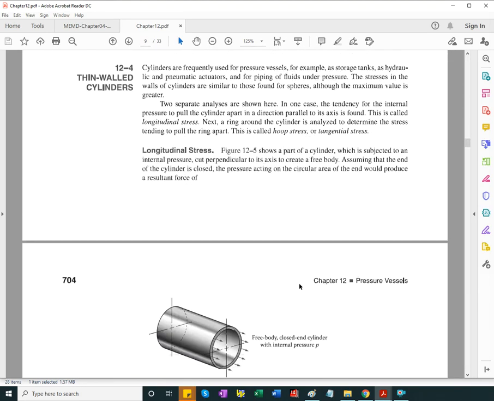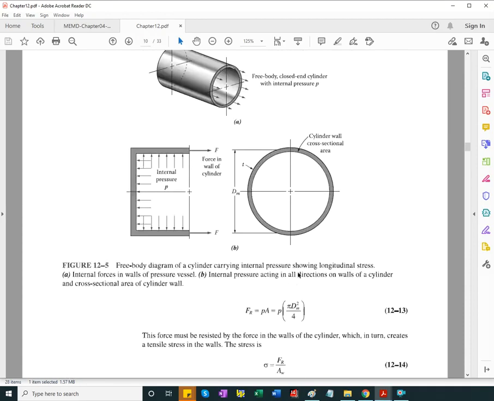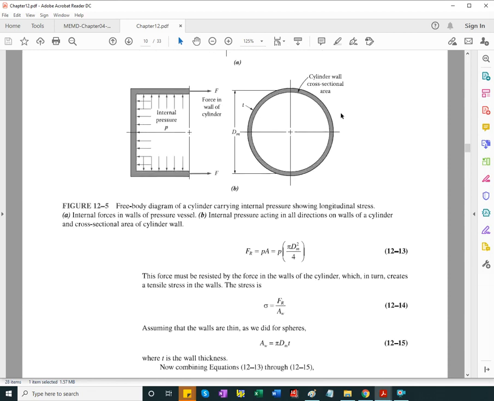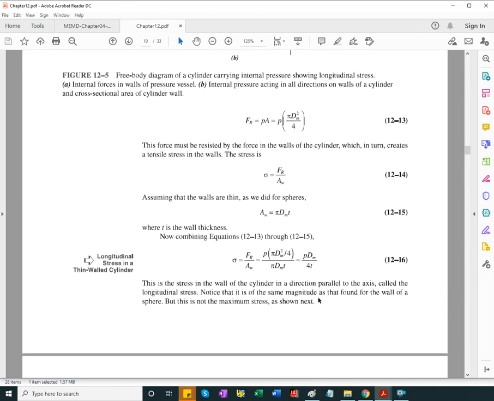Following the same steps, the resultant force divided by the area of the annulus, we get what is called the longitudinal stress in a thin wall cylinder, the same equation as for tangential stress in a sphere.